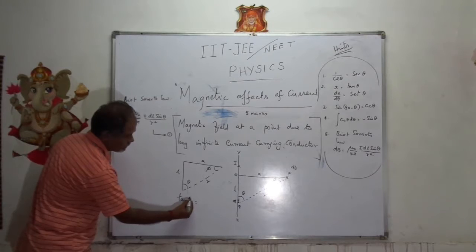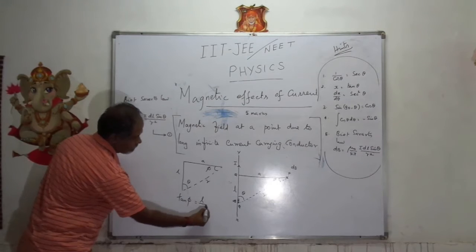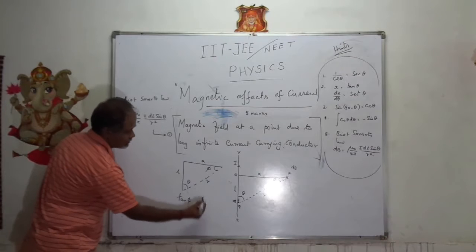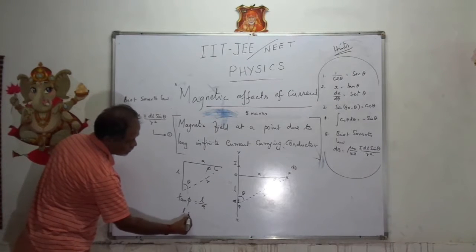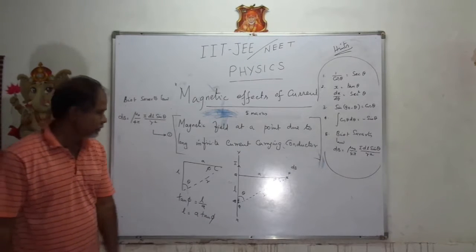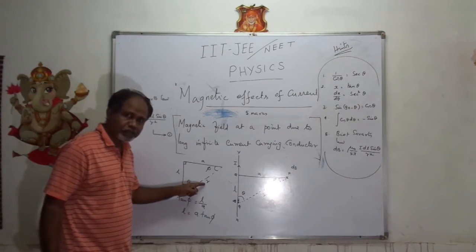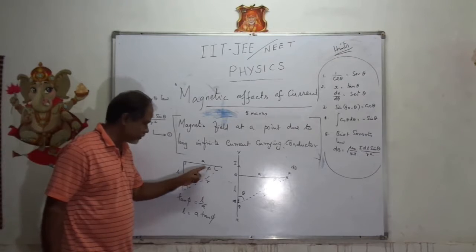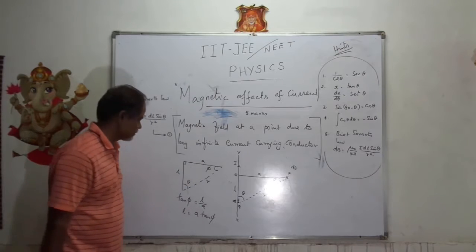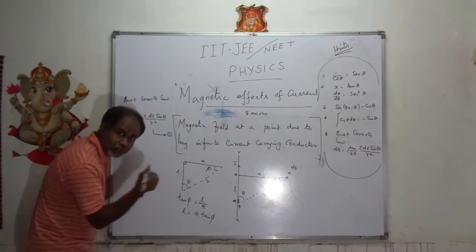Tan phi is the opposite side by the adjacent side, that is L by A. Then L is equal to A tan phi. This is 90 degrees, and the side opposite to the 90 degree angle is the hypotenuse. The side opposite the angle is the opposite side, and the other side is the adjacent side. Now I am going to integrate it.